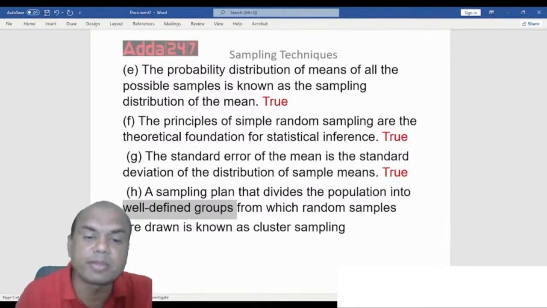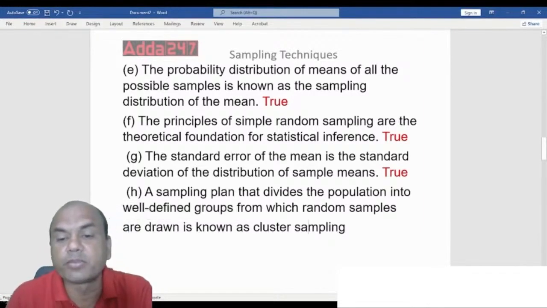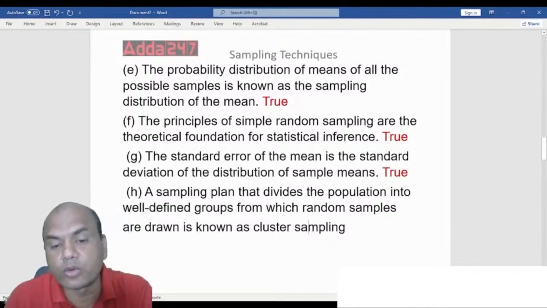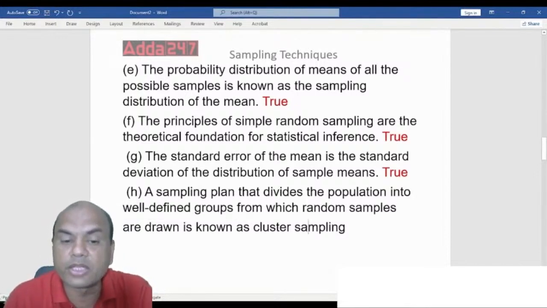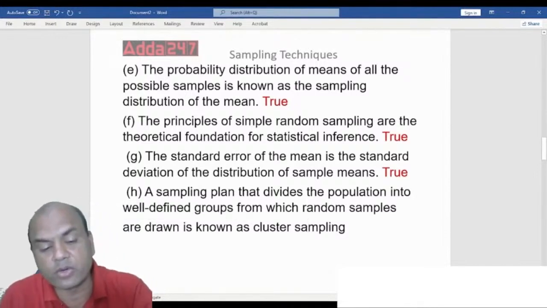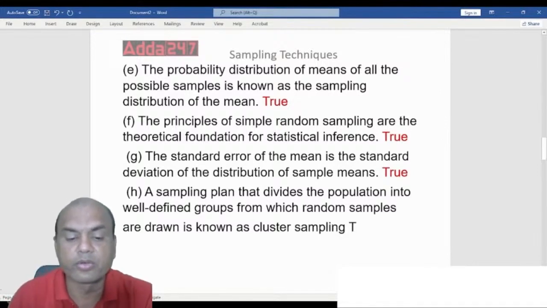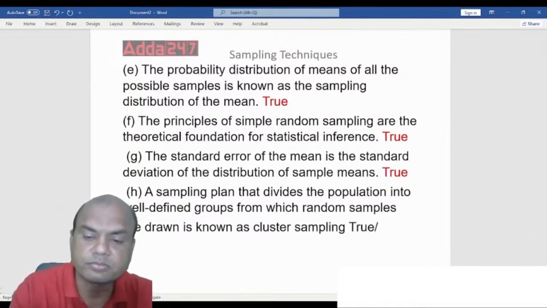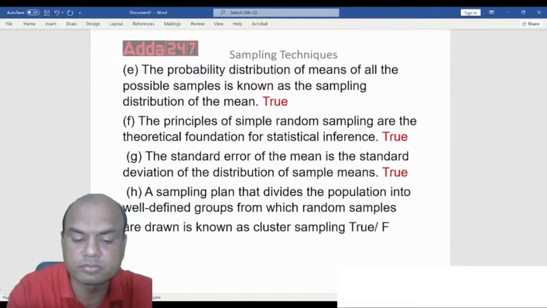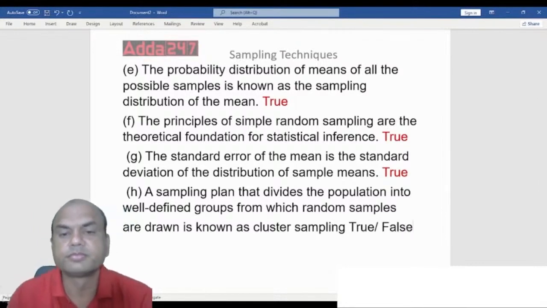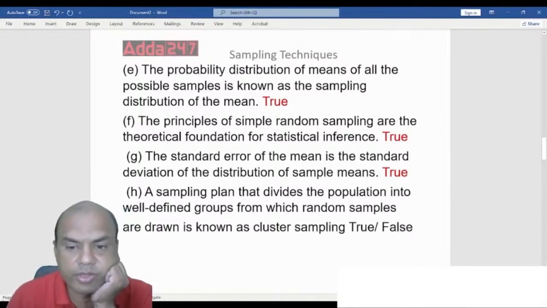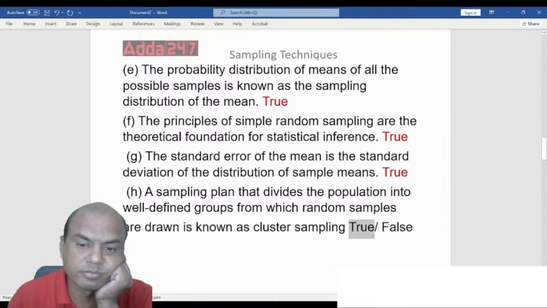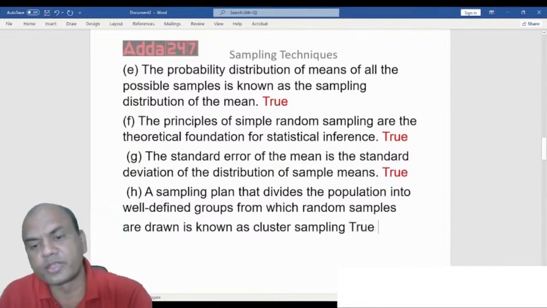So the sampling plan that divides the population into well-defined groups from which random samples are drawn is known as cluster sampling. Is it true or false? It is true. See this, again true.